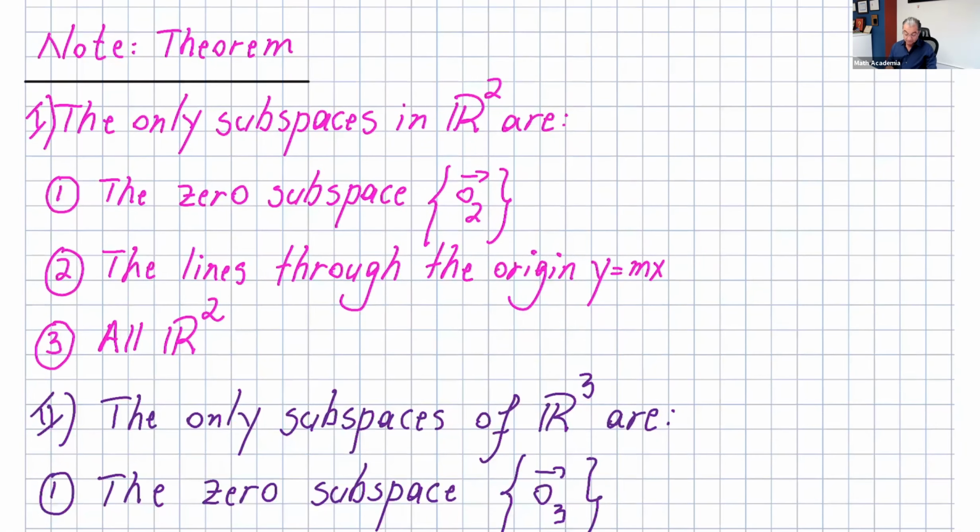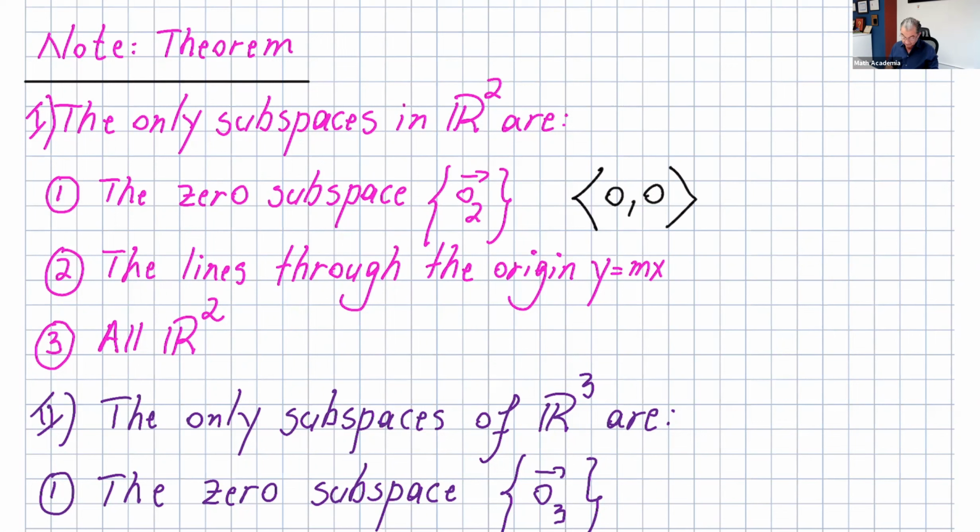Actually, we can go over this note. I put the theorem. The only subspaces of R2 are very important, so please remember them. The 0 subspace, that's the 0 vector, which is (0, 0). You can try it, and both operations, vector addition and scalar multiplication, work for (0, 0).